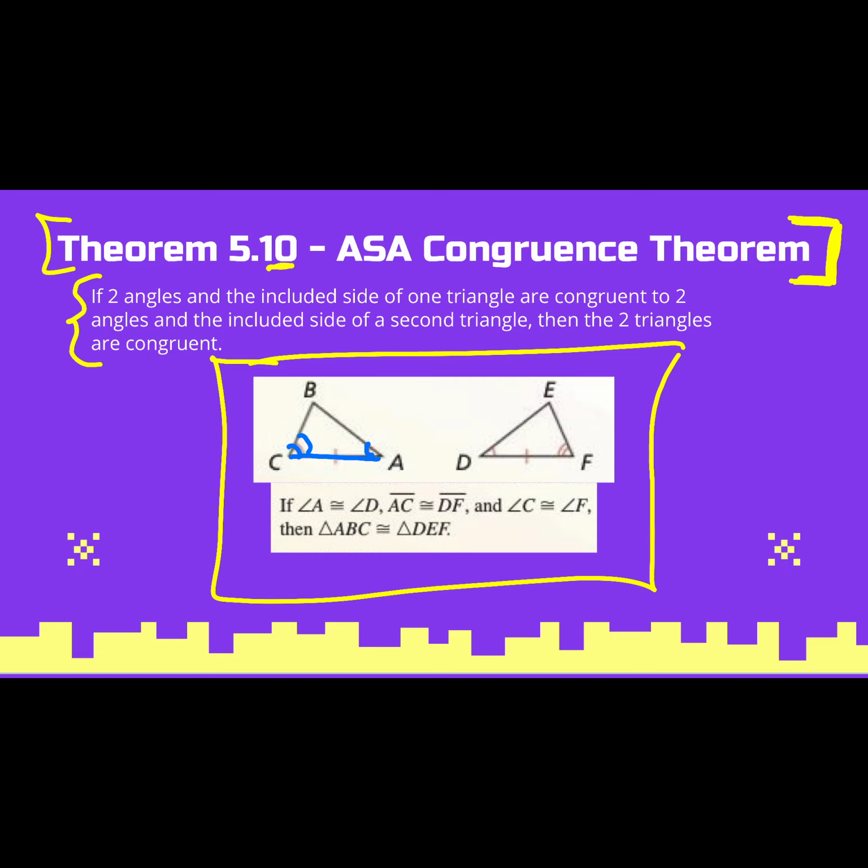Those angles need to be connected to the side, so they would be considered included angles. So if angle A is congruent to angle D, and line segment AC congruent to DF, and C is congruent to F, then the 2 triangles are congruent.